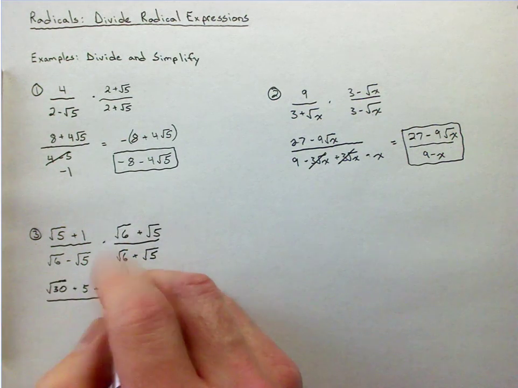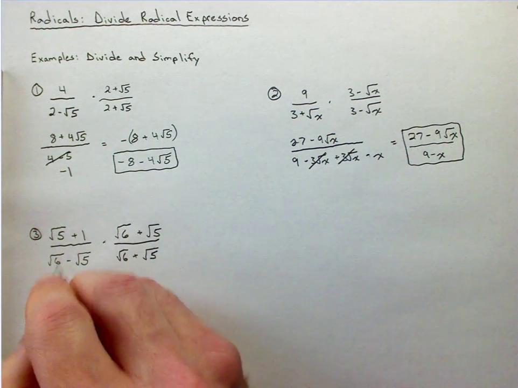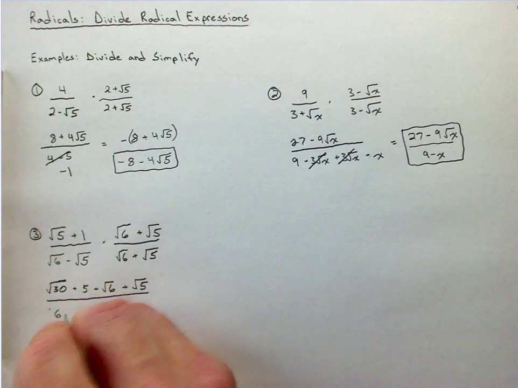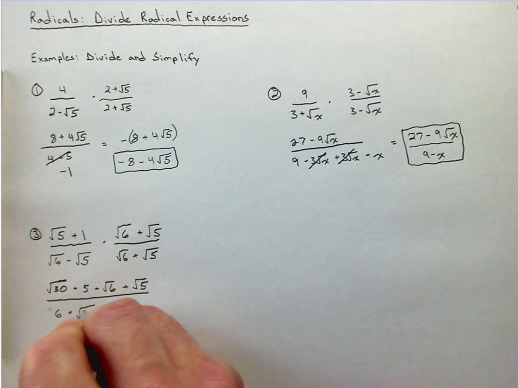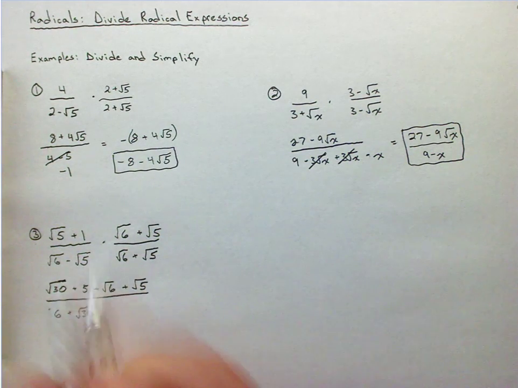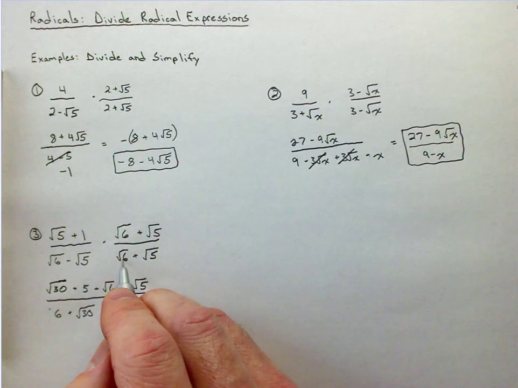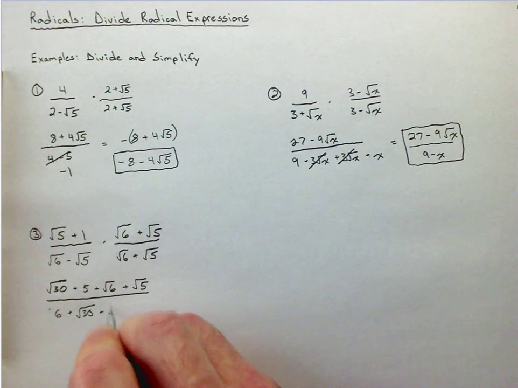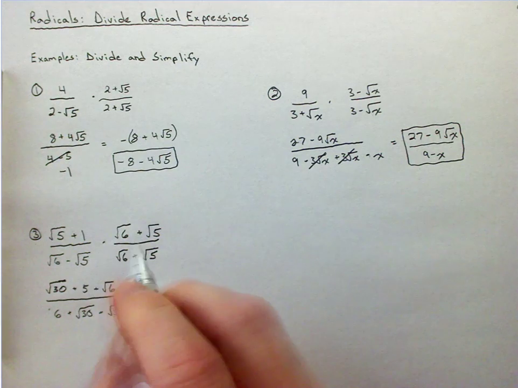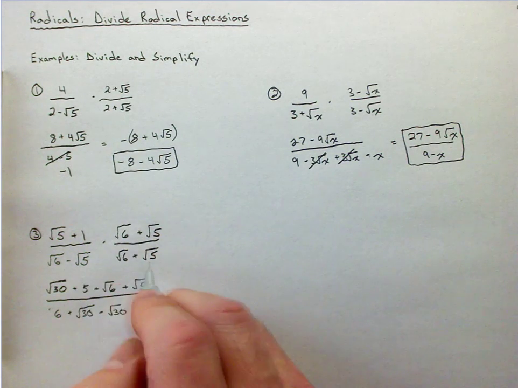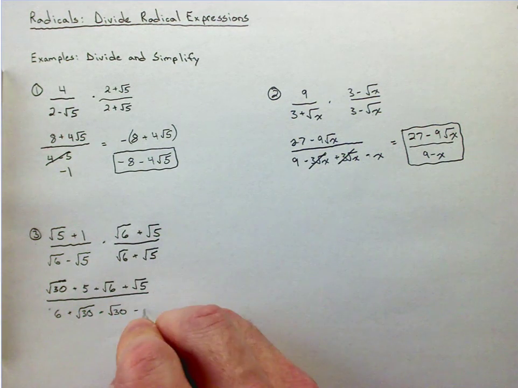Square root of 6 times square root of 6 is 6. Square root of 6 times the square root of 5 is plus the square root of 30. A negative square root of 5 times the square root of 6 is a negative square root of 30. And the square root of 5 times square root of 5 is a negative 5.